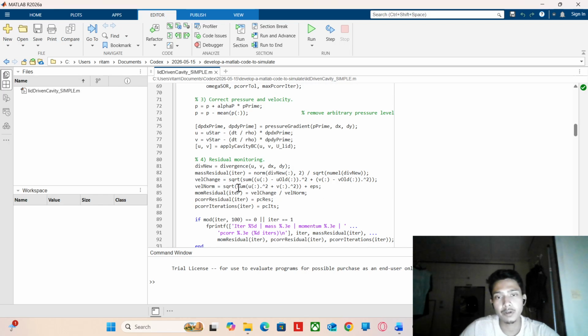V norm equal to square root sum. Then comes mom residual iter. This measures convergence of the momentum equations, equal to vel change by vel norm. Then comes P core residual iter equal to PC res, P core iterations iter. P residual iter means convergence of the pressure correction equation.